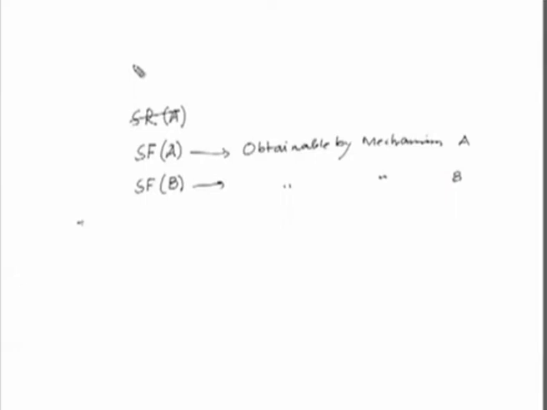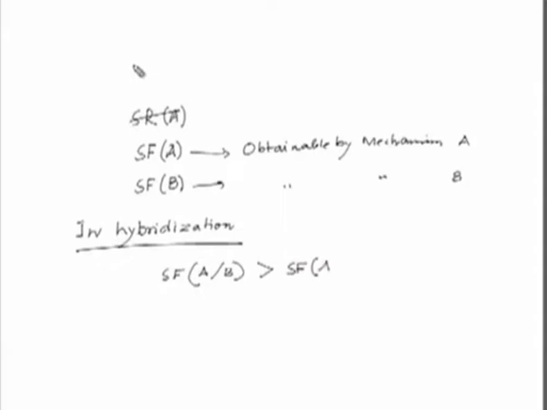Then if we apply this in the case of hybridization, the surface finish obtainable by A with the assistance of B should be greater than the surface finish obtainable by only A. Similarly, the surface finish obtainable by B with the assistance of mechanism A should be greater than the surface finish obtainable by mechanism B alone.